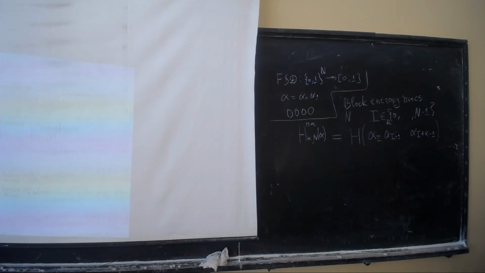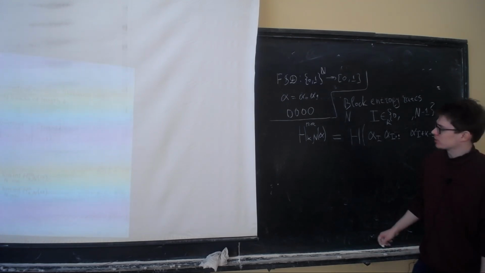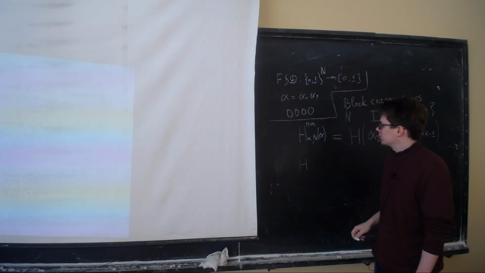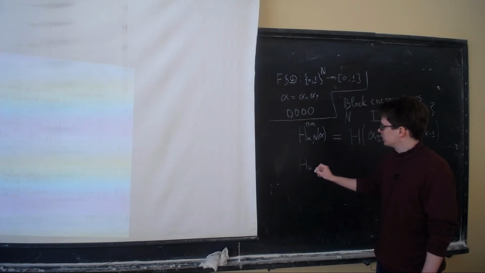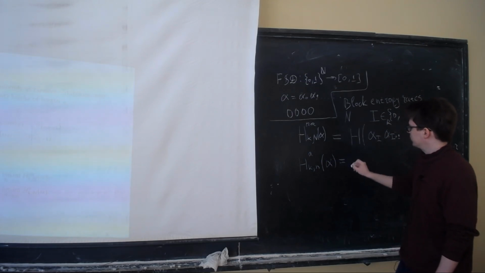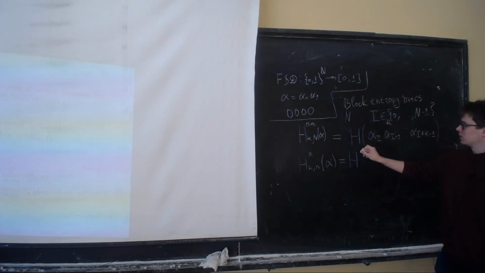And so this is the definition for non-aligned blocks, and for aligned blocks we can define it similarly. But we have to take the first position of the block to be divisible by the length of the block.